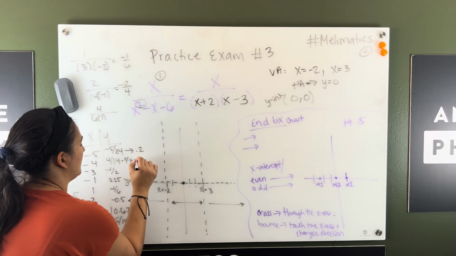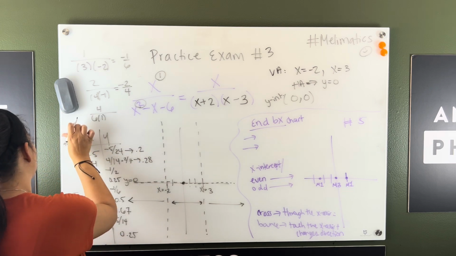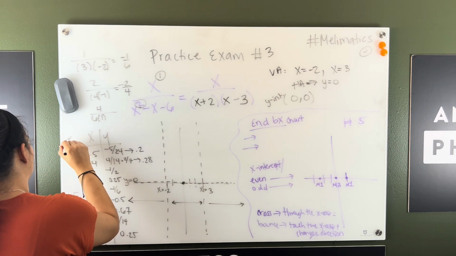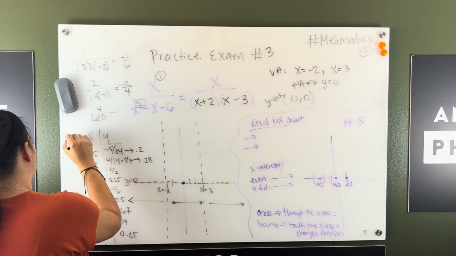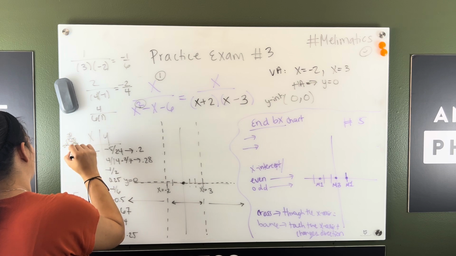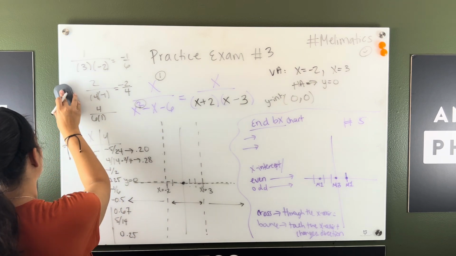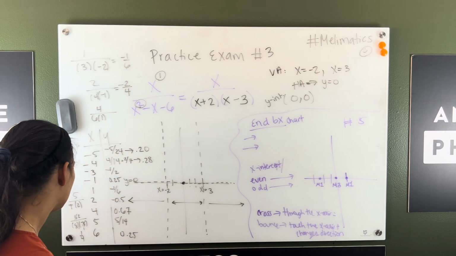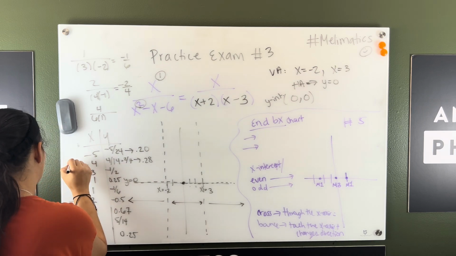Okay, let me get closer for the other one. Alright, 0.20 is closer. Okay, I think that's good. Oh, we need 1 over 6.